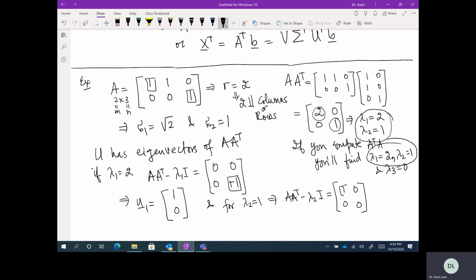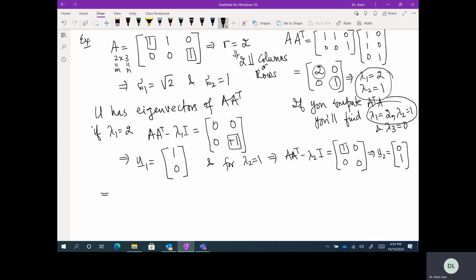Okay, so this is a pivot, so this implies U2 has the free variable over here. So excellent. So U, which is U1 and U2, is actually an identity matrix. It's 1, 0, 0, 1.